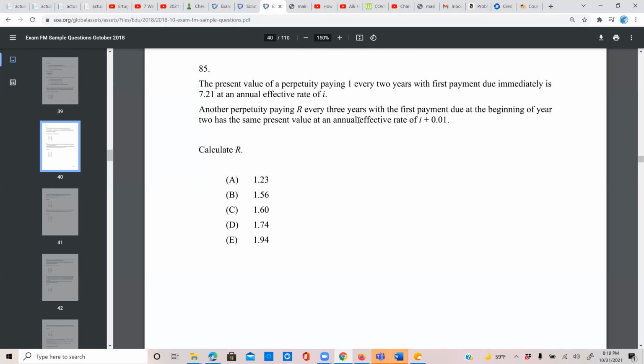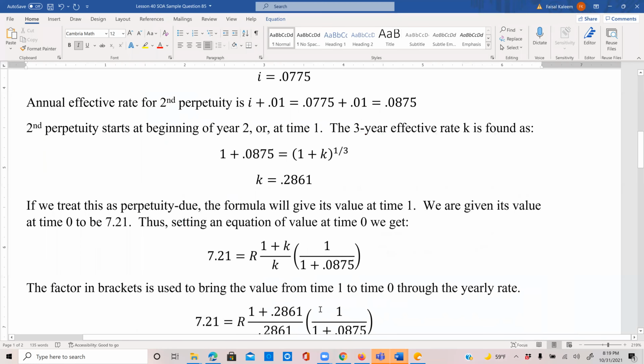When they say another perpetuity has the same present value, same present value means same as the first one, which was 7.21, and that was the value at time 0. So this means that the value of the second perpetuity is also 7.21 at time 0.